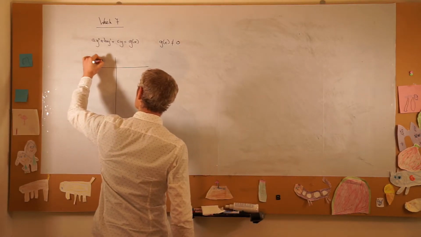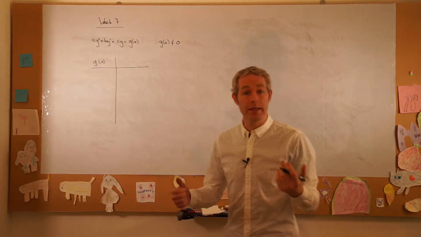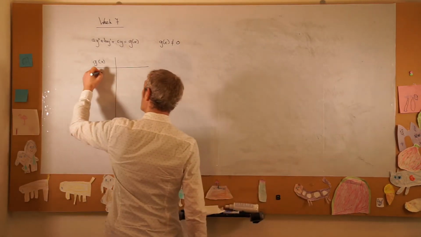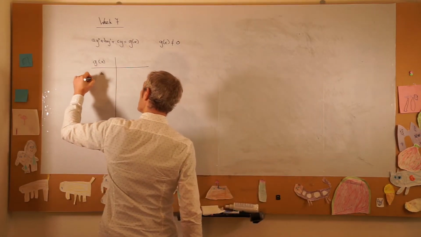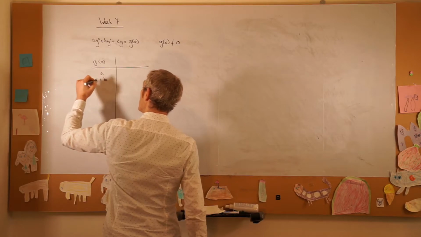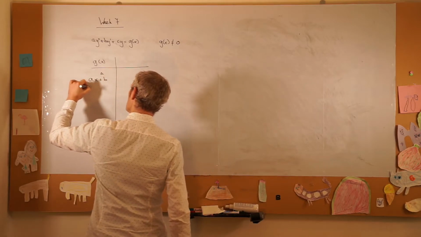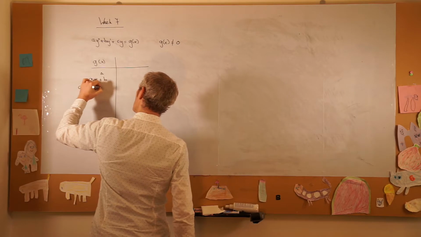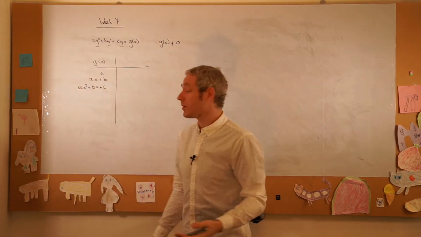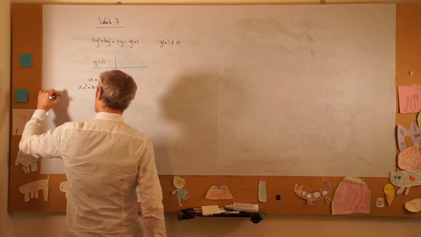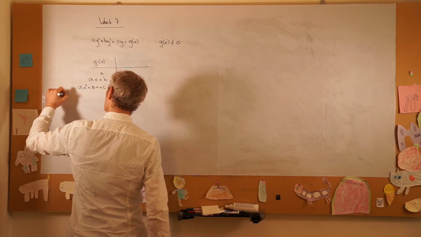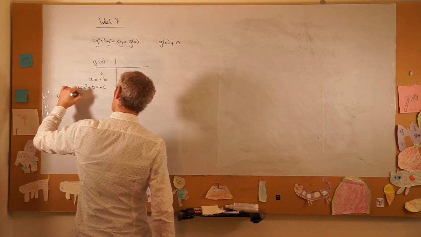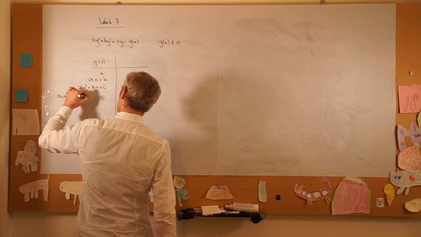So g of x can be a constant, a first order polynomial, a second order polynomial, and an nth order polynomial. It doesn't really matter what order polynomial it is.